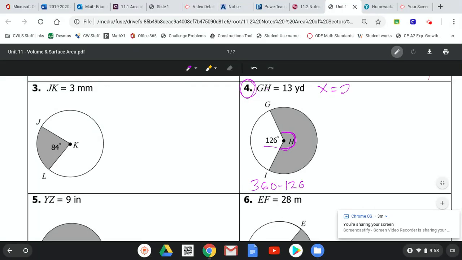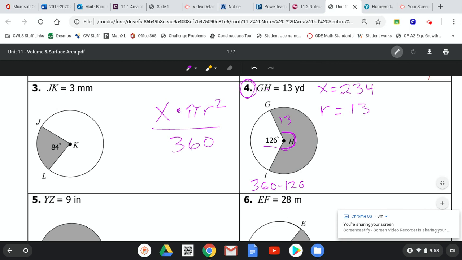So our degree measure, our x, is 234. Okay, and then we have to find our radius because our formula, again, is x times pi r squared divided by 360. Okay, that's our formula. So x is 234. Our radius here, it tells you GH is 13. Well, hey, GH is our radius, so our radius is 13.